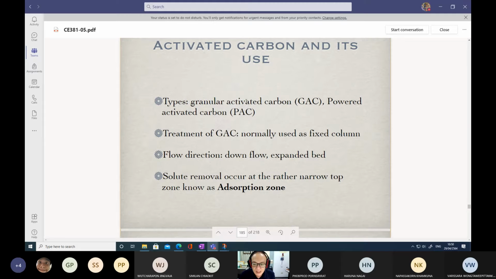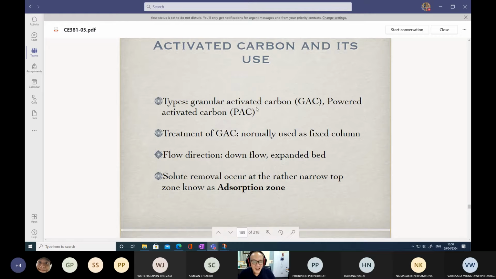One is granular activated carbon, in short GAC. Another form is powder activated carbon, very fine particles, that look like the talcum powder you apply to your body after taking a shower.